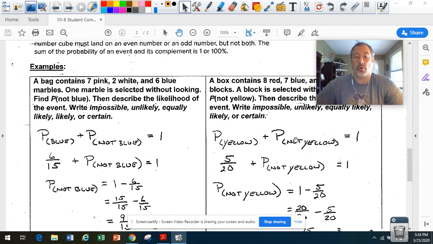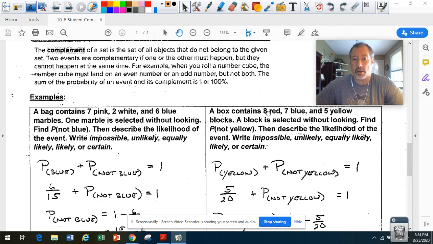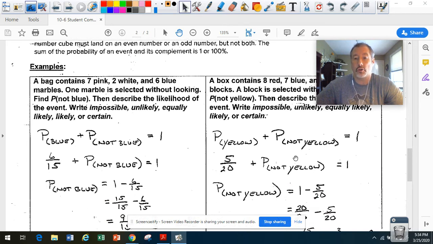So for not yellow, if we take our 8 plus our 7 here, that's going to be 15 over 20. So if I add my 5 over 20 plus my not yellow, which is 15 over 20, that's going to equal 20 over 20, which is our 1. So we have our 1 right there.